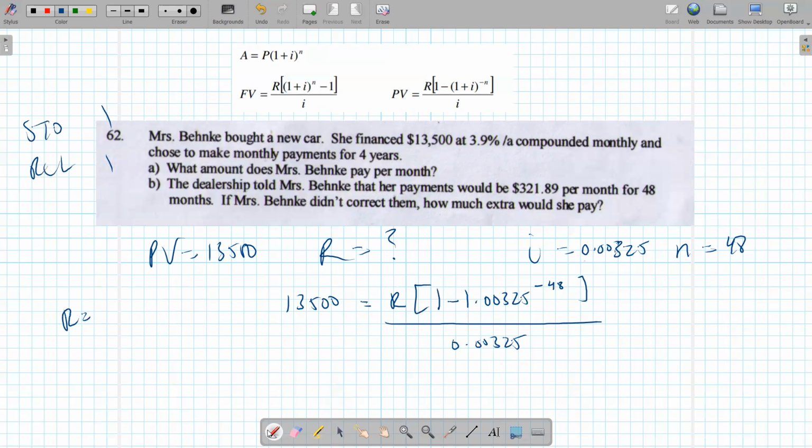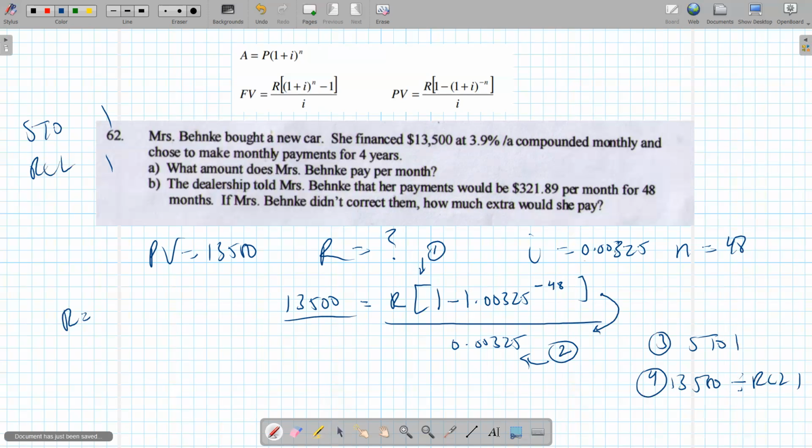When do I use the STO thing? Once you do this divided by this. First do this bracket, step 1. Step 2 is you just divide that by this. Step 3 is you do STO1. Step 4 is you do this value, 13,500 divided by recall, RCL1. STO is for store, RCL is to recall what you stored.